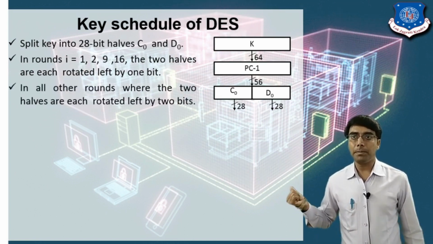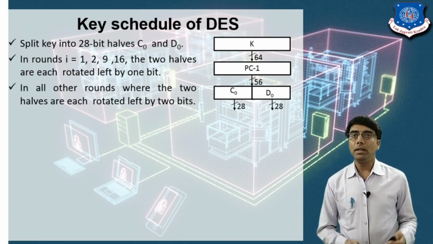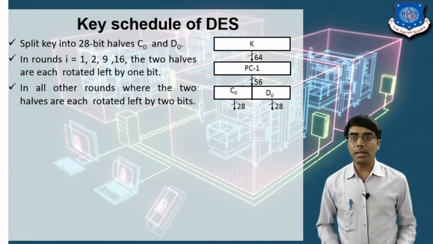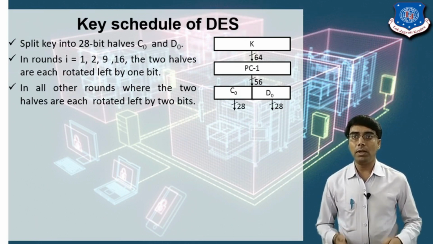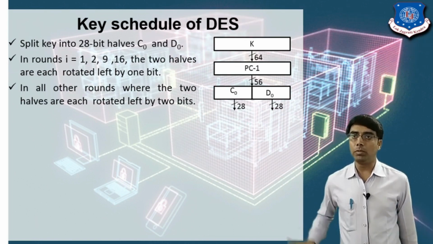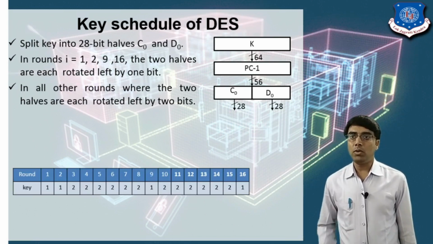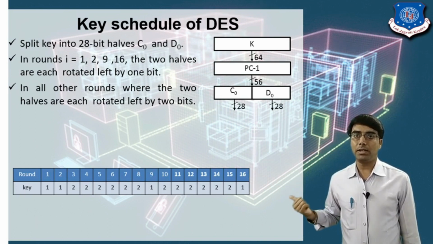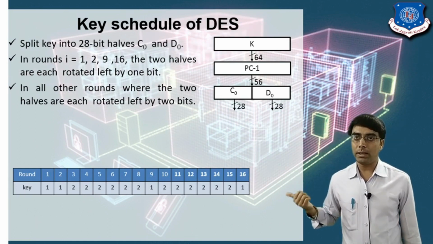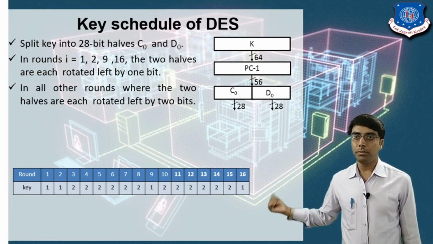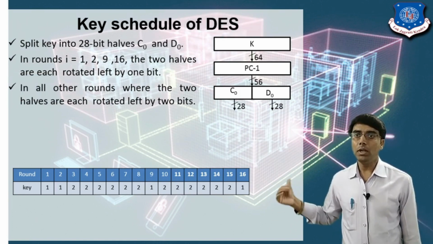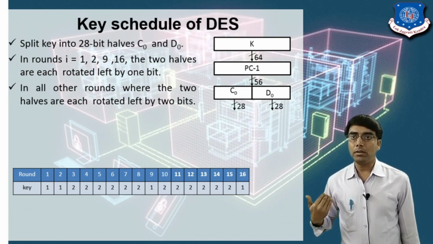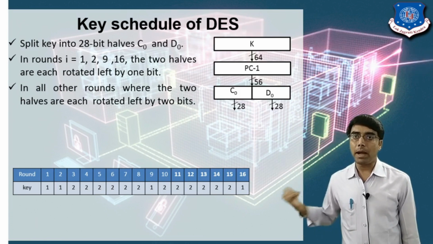In all the remaining rounds, we rotate left by 2 bits. Here you can see, round numbers 1, 2, 9 and 16, we rotate left by 1 bit, and in the remaining rounds we consider 2, which means the bits are rotated left by 2 bits.